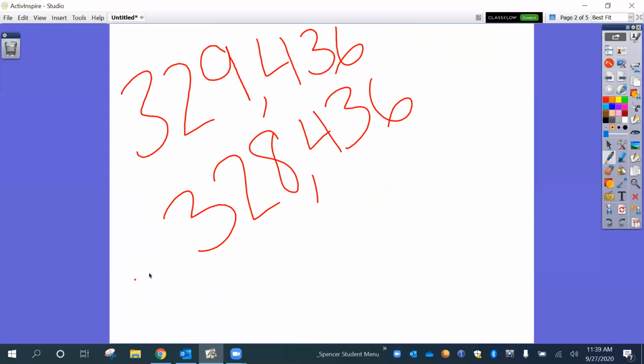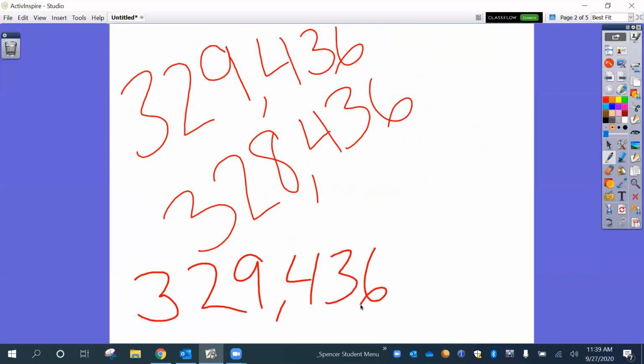Let's write these two numbers down. 329,436 and 328,436. And which symbol will go right here? Again, we use the symbol that opens to the largest.